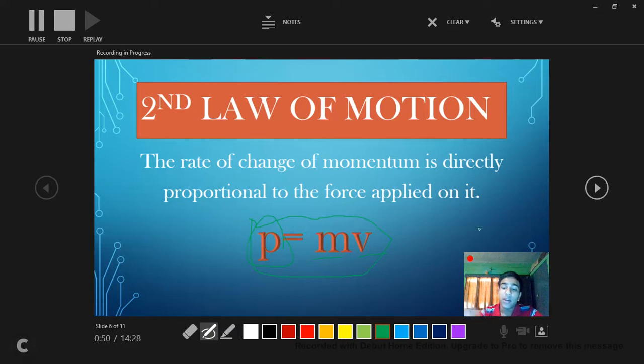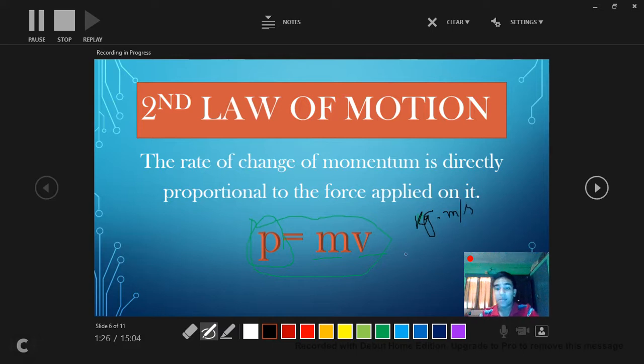And the unit of momentum in SI unit: mass is kg. Dot means into. So mass into velocity. Mass is kg and velocity in SI unit is meter per second.